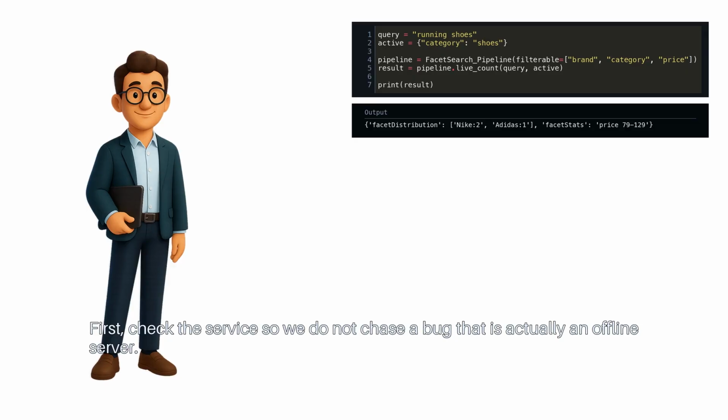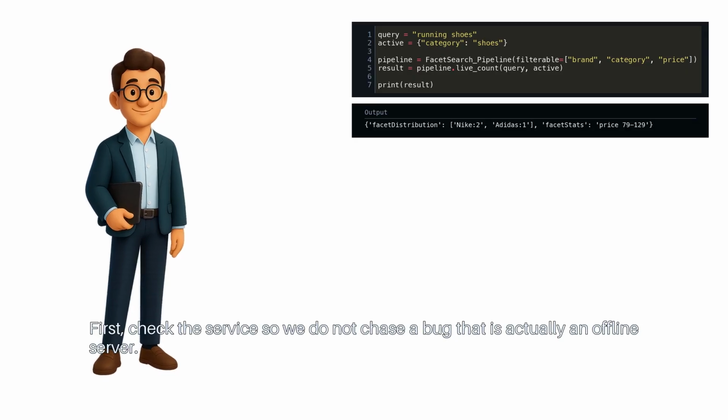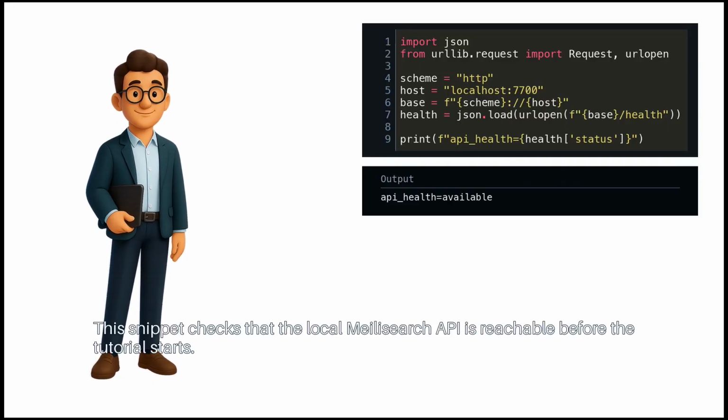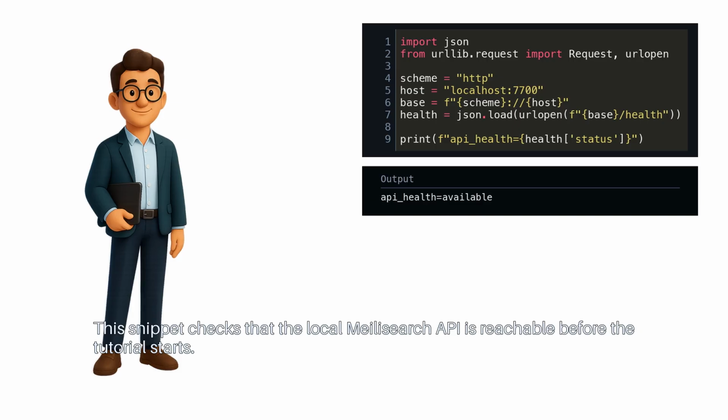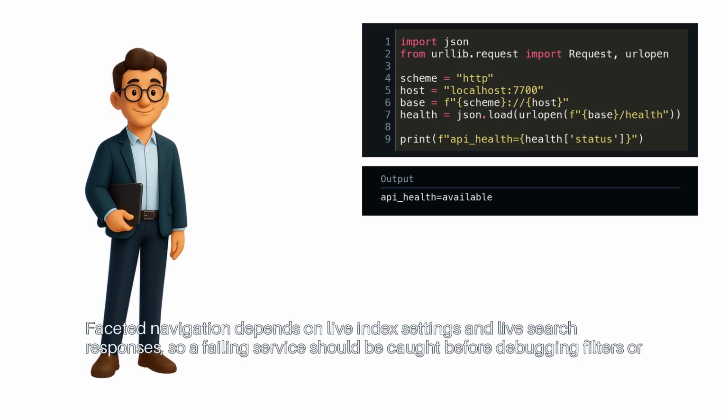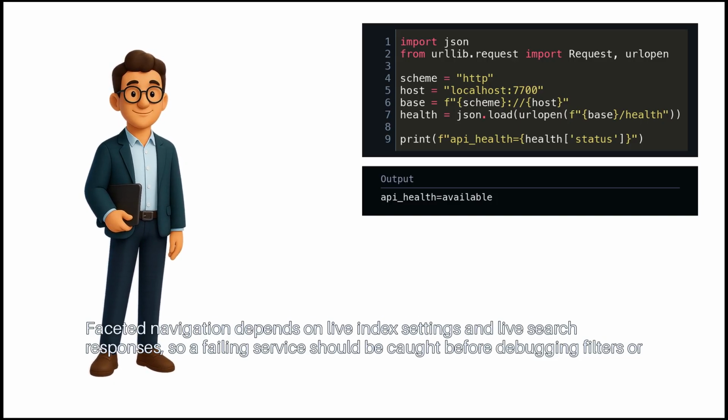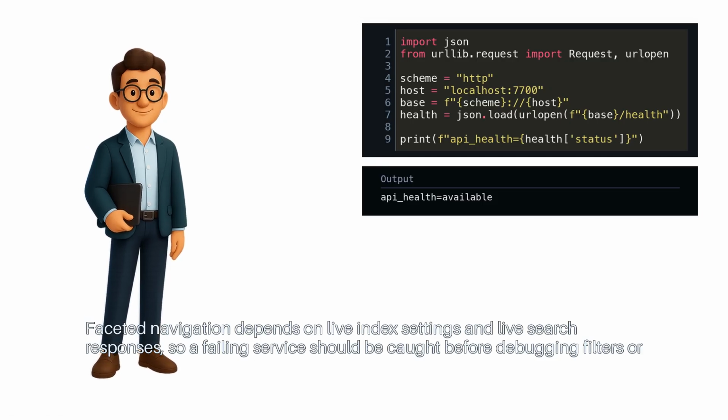First, check the service so we do not chase a bug that is actually an offline server. This snippet checks that the local Meilisearch API is reachable before the tutorial starts. Faceted navigation depends on live index settings and live search responses, so a failing service should be caught before debugging filters or counts.